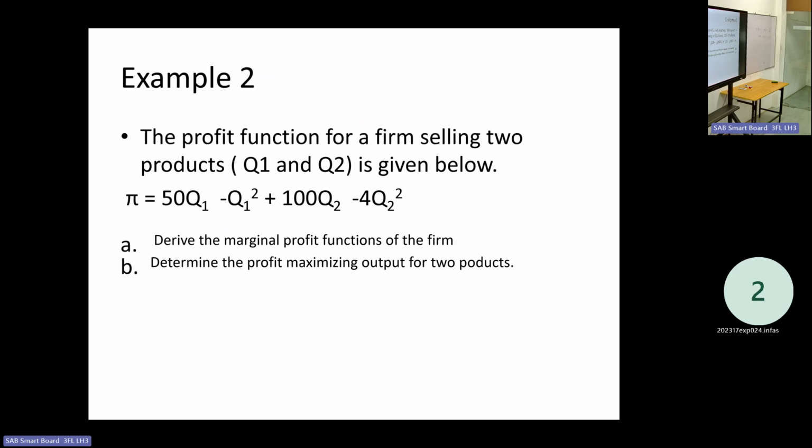So that is the profit maximizing level, collectively Q1 and Q2. Okay, we have been given the profit function.